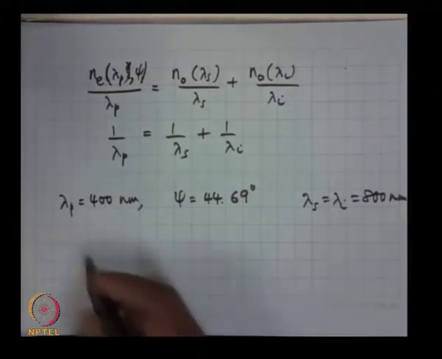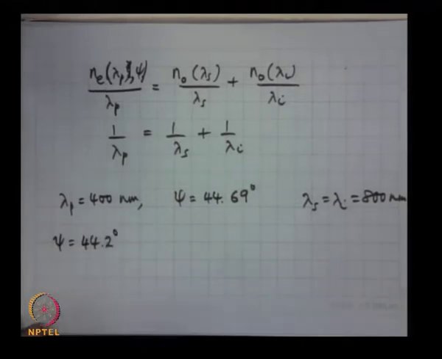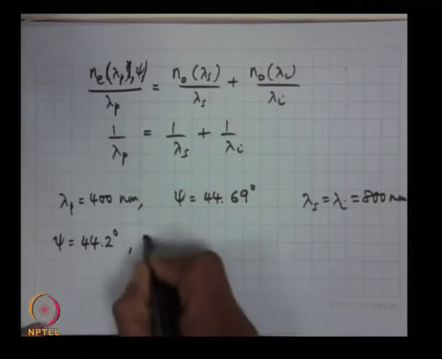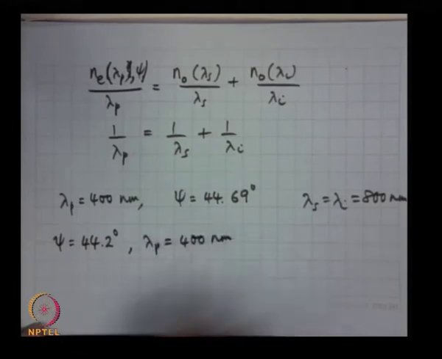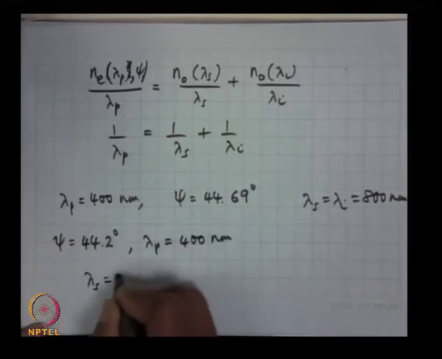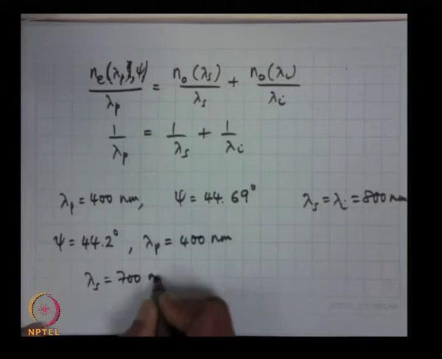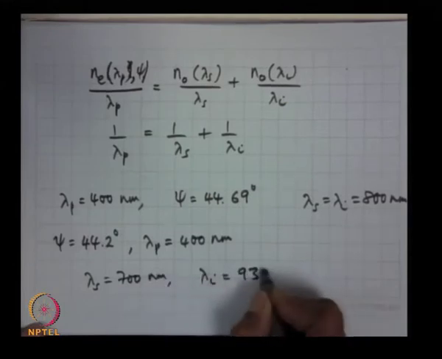If I choose psi equal to 44.2 degrees instead of 44.69 degrees, and I keep lambda p as 400 nanometers, the pair of wavelengths which satisfy these equations comes out to be lambda s equal to 700 nanometers and lambda I equal to 933 nanometers.